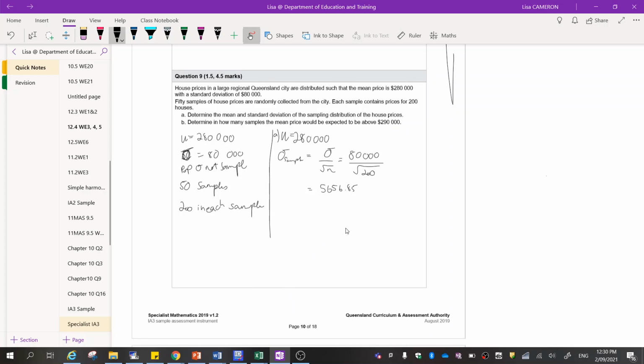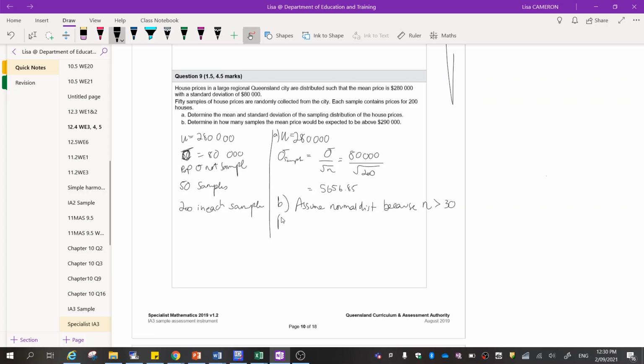Anytime you see a question like this, you have to first assume normal distribution because n is greater than 30. So as soon as we assume that it's normal distribution, that means that we get to start using normal distribution to work this stuff out.